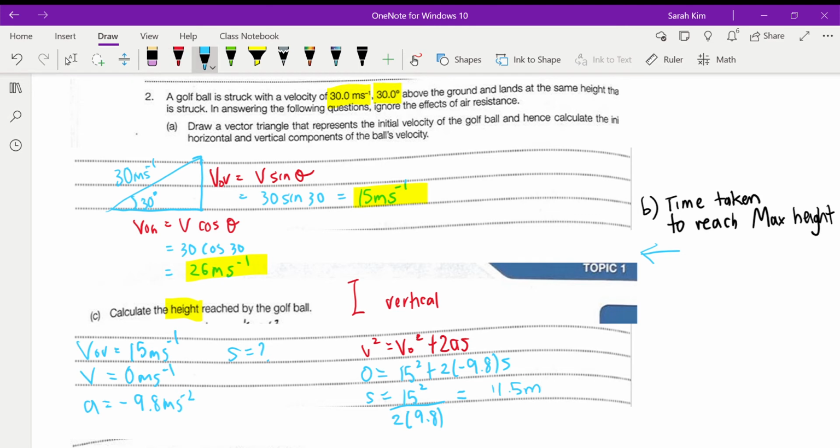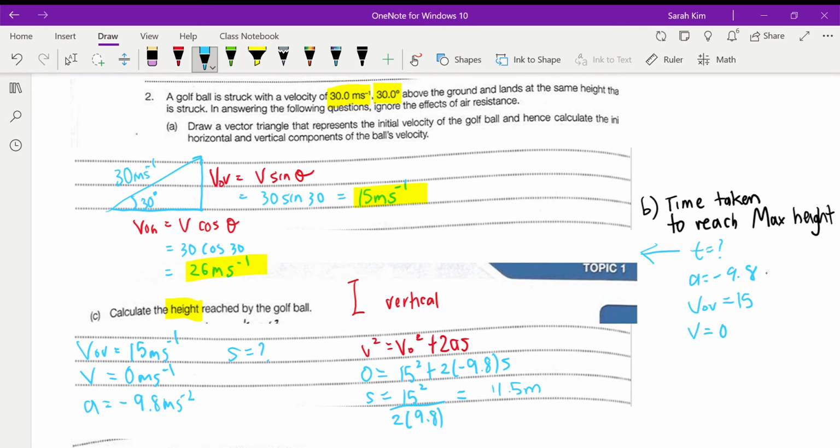Alright, so my T is what I'm trying to find. My A is going to be 9.8. My VOV was 15. What else? My S I don't know technically yet. My V should be 0 at the top.